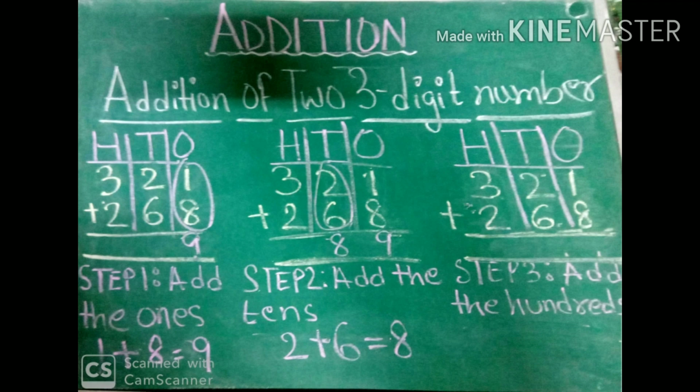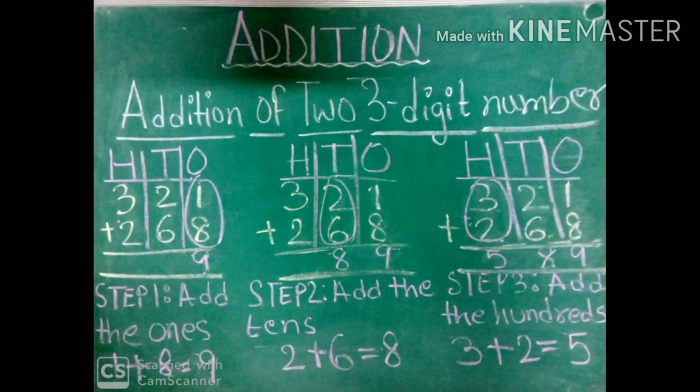Add the tens. 2 plus 6 gives us 8. Step number 3. Add the hundreds. 3 plus 2 gives us 5.